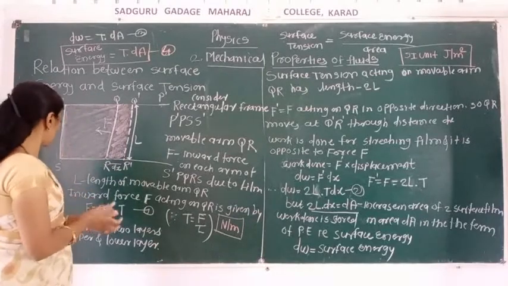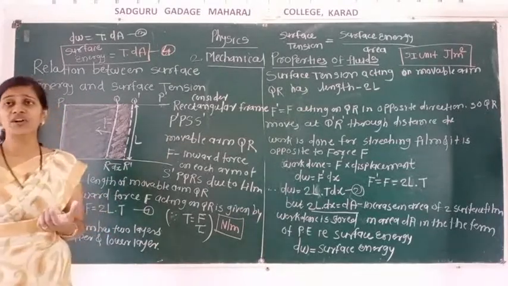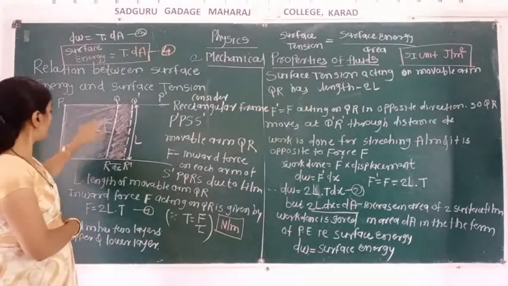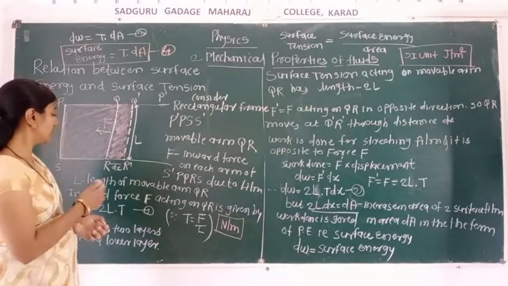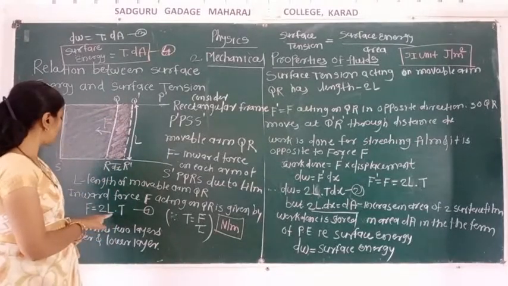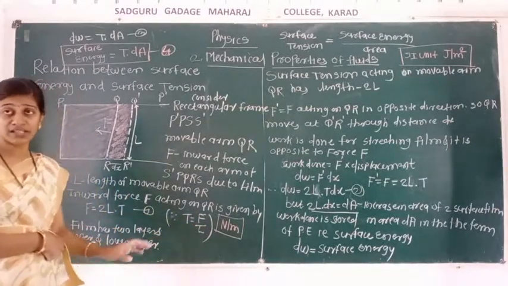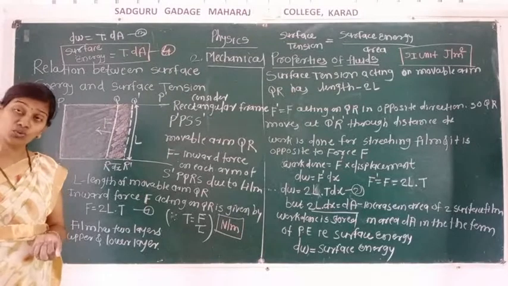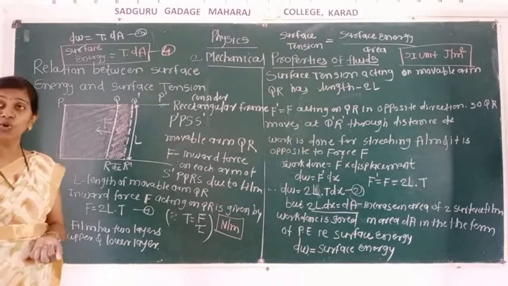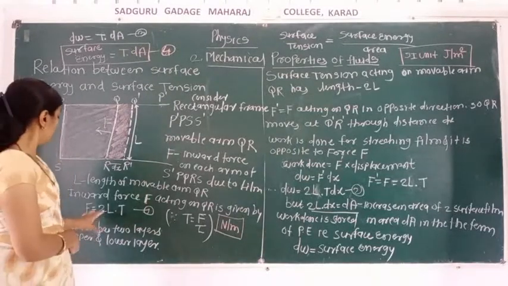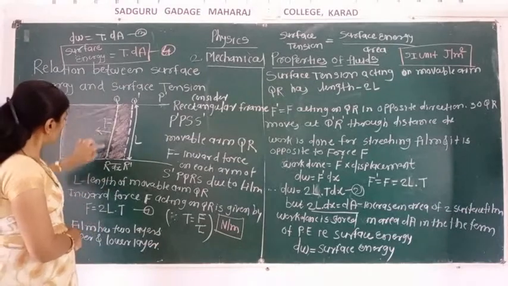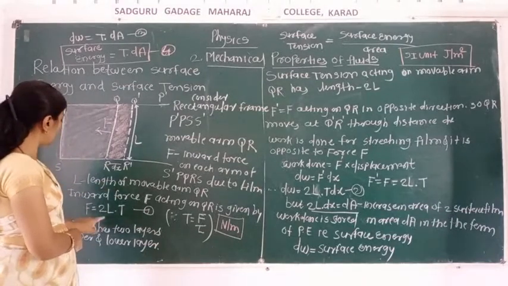Now here we get the formula. The inward force on that movable arm QR is given by F equals 2L into T. We know surface tension is force per unit length, but here the soap film has two layers, upper and lower, so the surface tension acts on the movable arm over a length 2L.